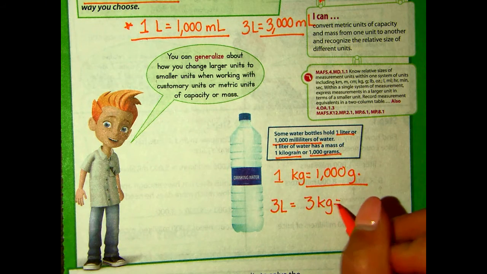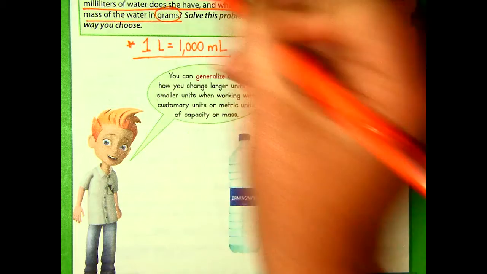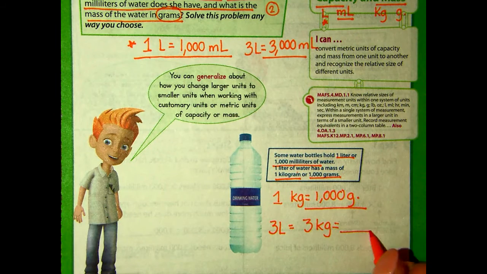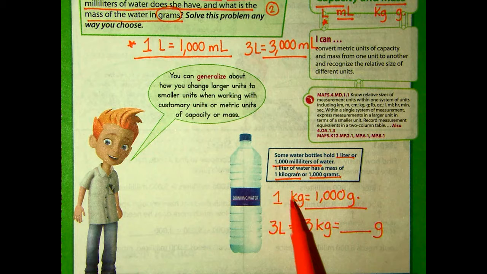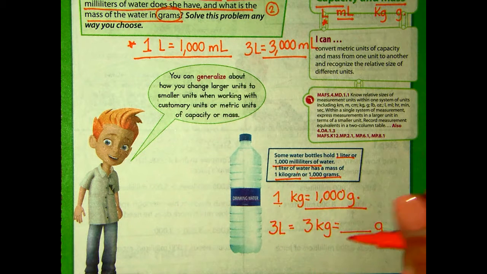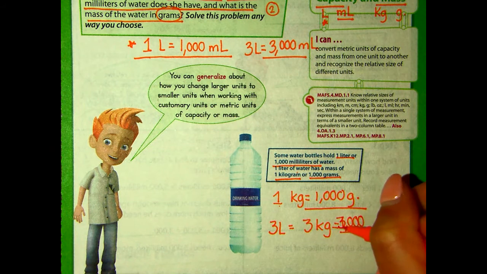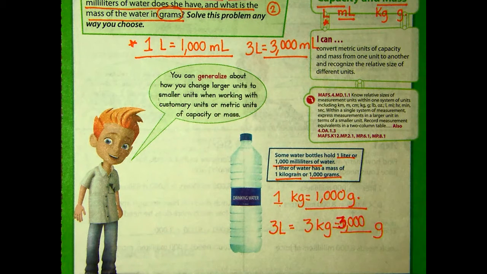If we wanted to find that mass in grams, now we have to convert 3 kilograms to how many grams? Well, we know kilo means 1,000, and they just reminded us of what's on our reference sheet, that 1 kilogram is equal to 1,000 grams. So this measurement would be not 1,000, it would be, you caught it, 3,000 grams. Excellent.